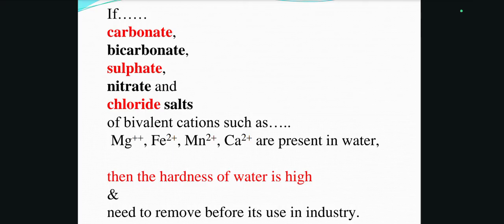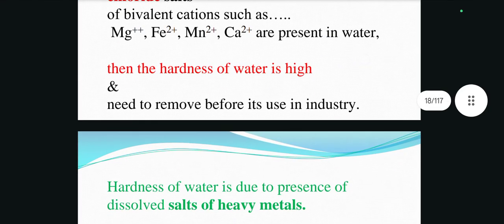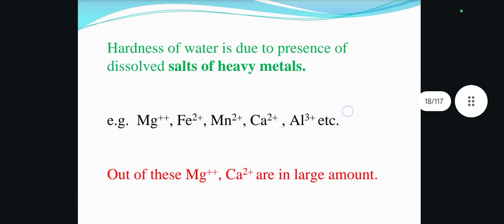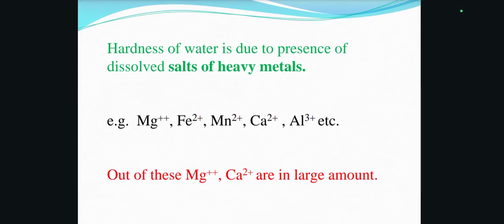So these are responsible to give hardness to the water. And if these types of salts are present in the water, then it is necessary to remove them before its use in the industry. Okay, so here we can say that the hardness of water is due to dissolved salts of heavy metals.